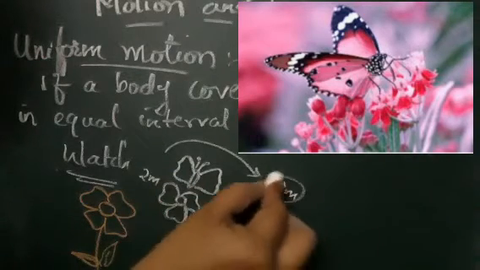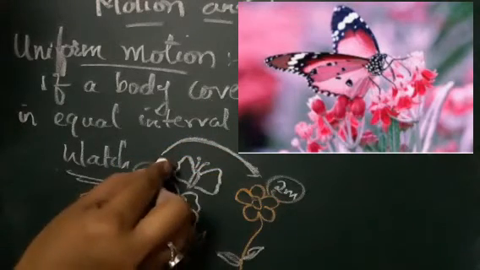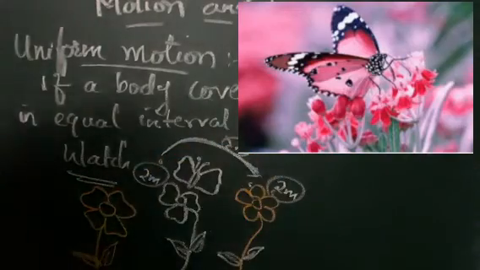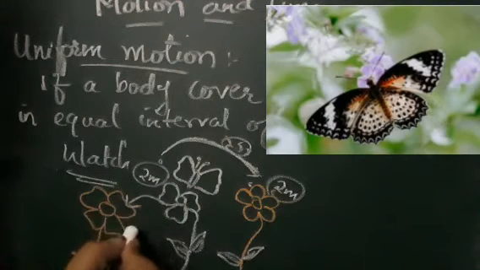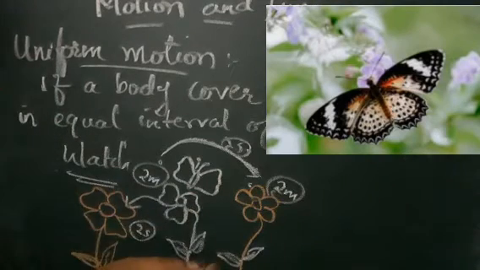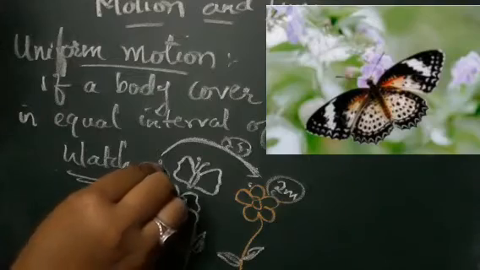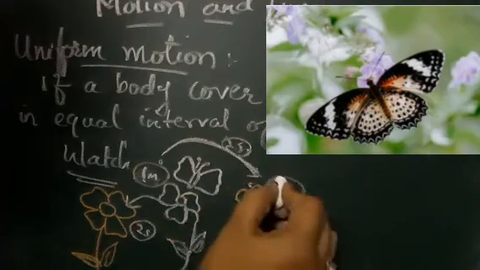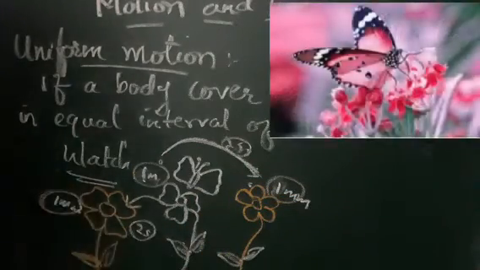It has reached from this flower to that flower in 2 seconds, and from this flower to the next flower again in 2 seconds. Suppose the distance from here to here is 1 millimeter, and from here to here is also 1 millimeter.